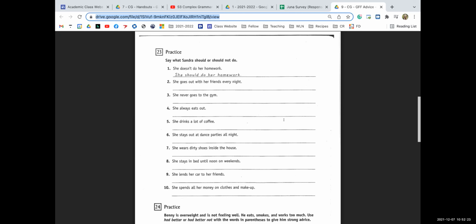And how about number 3? She should go to the gym. No, this is negative, never. Yes, she should. She should go to the gym. Yes.